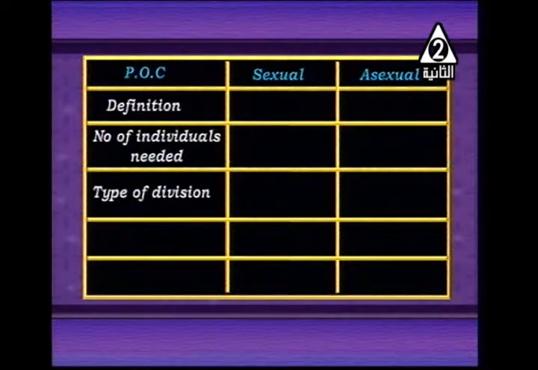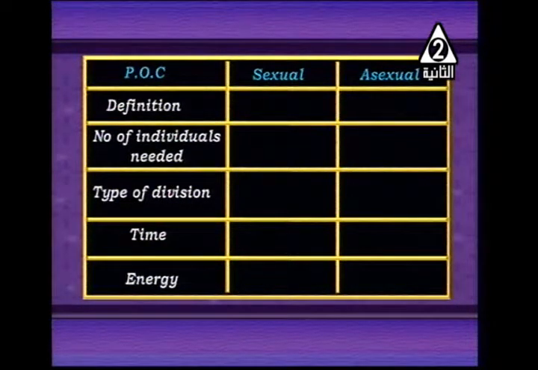Also, the type of division: in sexual it is meiotic division, or meiosis, while asexual is just one, which is what? Mitotic division. And also the time: sexual reproduction takes much more time, or as we said before, it needs what? It needs a high biological cost. I think we discussed it before. While asexual reproduction just needs a little time.